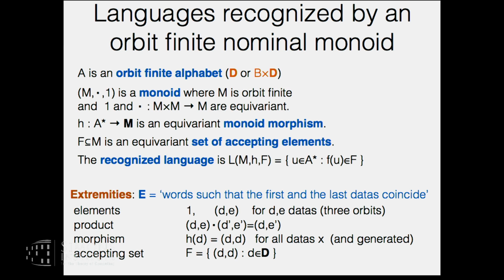So here come some examples. Usually the examples only talk about the data part of it. This first example says my word has its first and last values equal. We can do this by a monoid, which is like this: we have the 1, which is the value of the empty word, we have no choice about it.